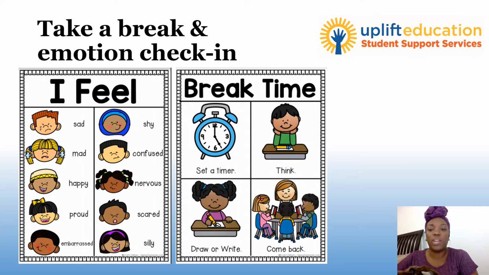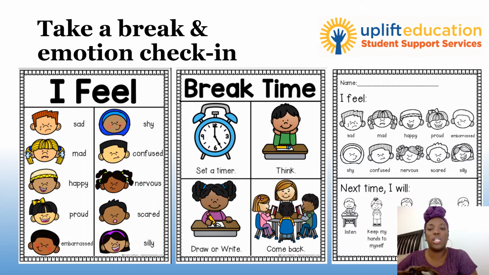These steps also work for at home. And then this is just a kid friendly activity for them to be able to say, like, I feel this way, next time I will. Some of those things might apply to home and some of those may not. And you also can just provide some calm down strategies if it's a really big emotion that they can't handle at the end of this section.